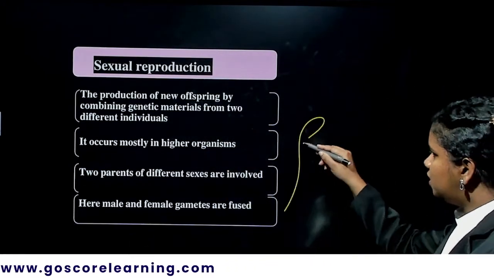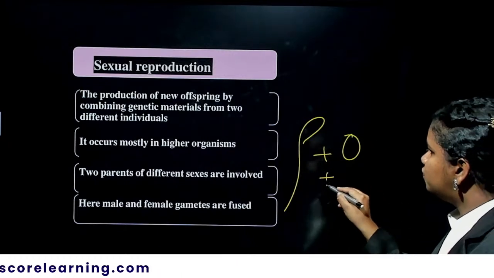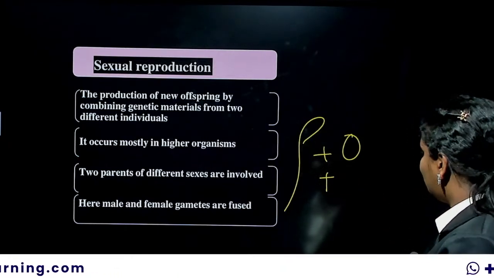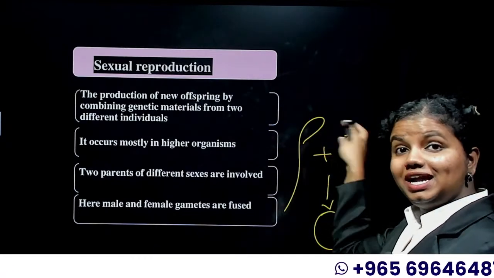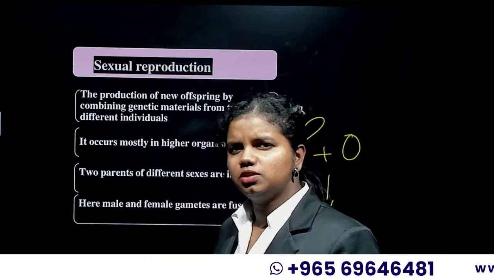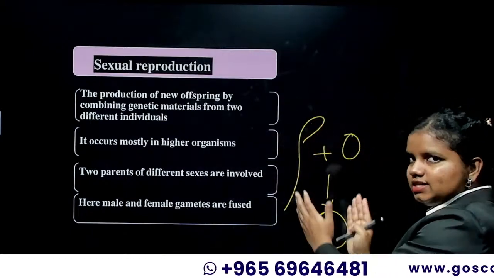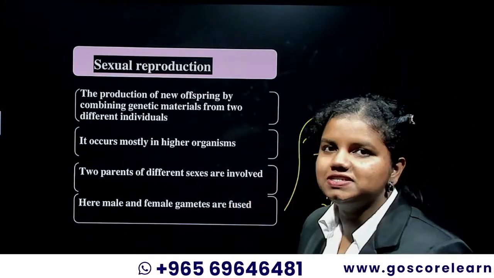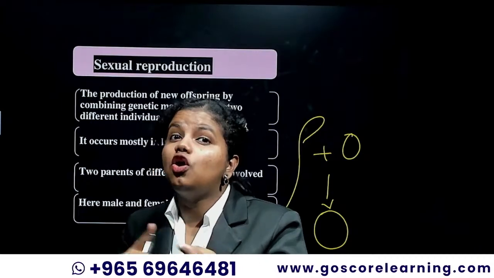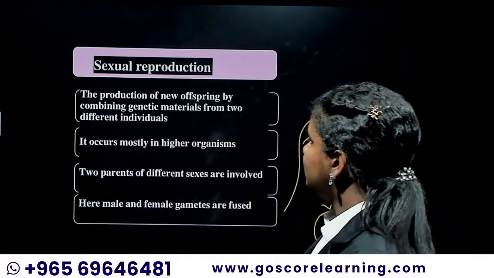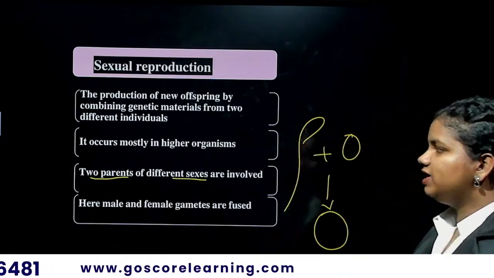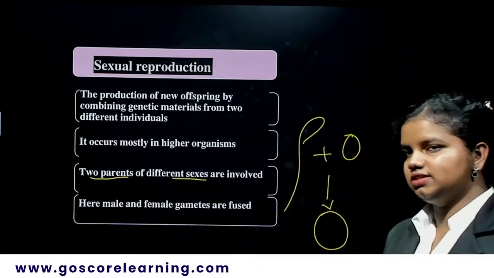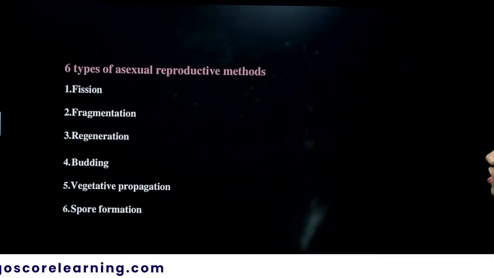There could be a sperm and an egg, and they would form a zygote. So there is that fusion of male and female gametes in sexual reproduction, and during this fusion or fertilization, genetic recombination can happen, right? Okay, so here we need two parents of different sex and two gametes are needed. So that's the major difference.